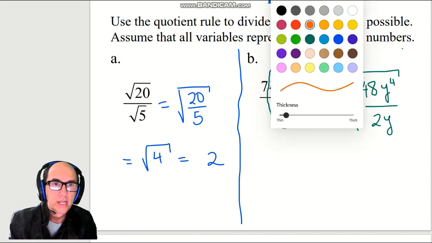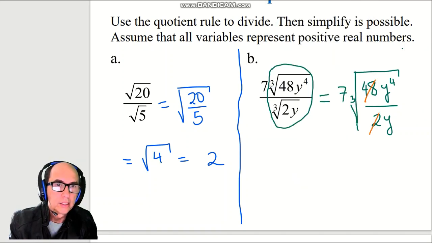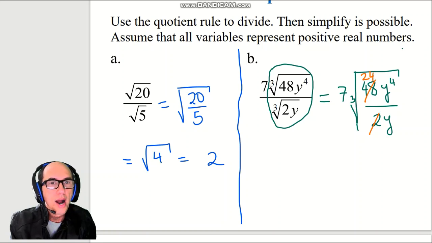48, can we divide 48 by 2? Yes, 48 divided by 2 is 24. So simplify here. And y4 divided by y. Maybe you remember the property of exponents. If you have a division and this is an invisible 1, the power, you're going to subtract 4 minus 1.